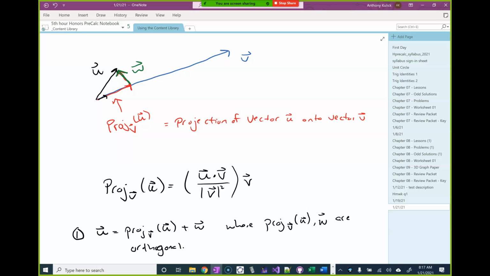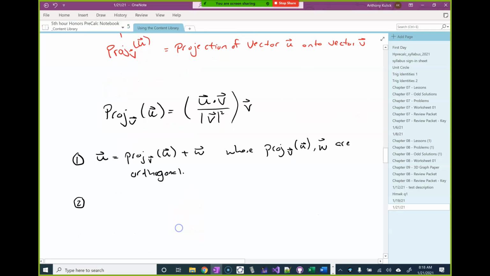So in a strictly abstract sense, the length or the magnitude of v doesn't really matter to us. All we really need is the direction.